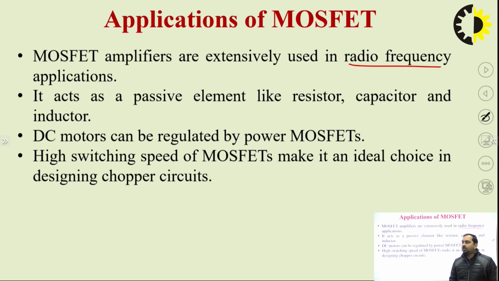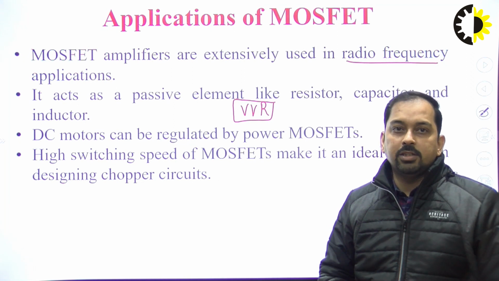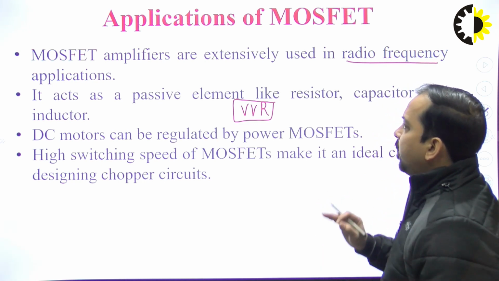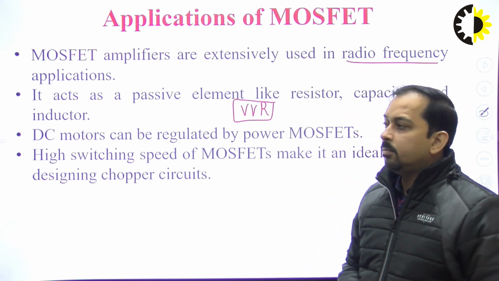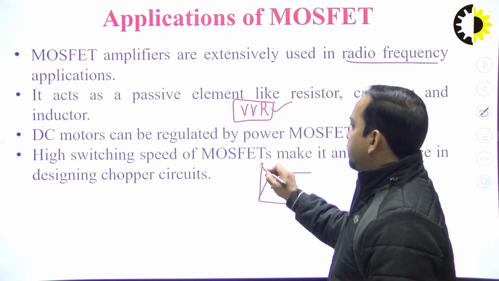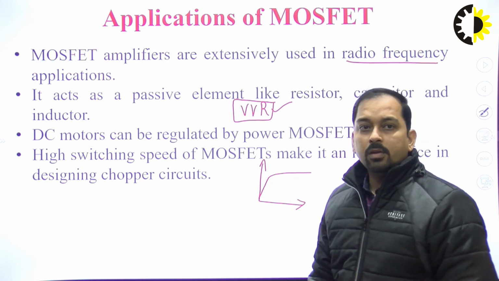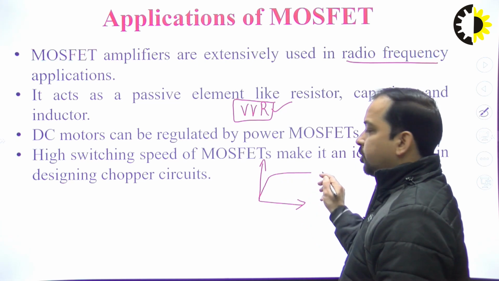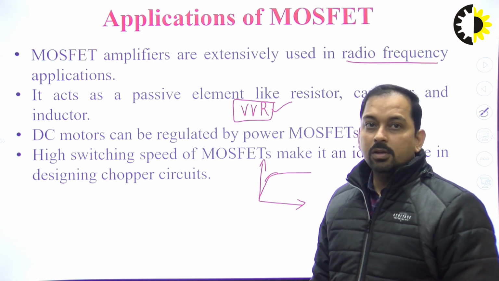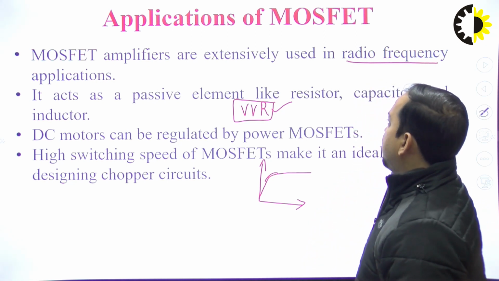It also acts as a resistor, called a voltage variable resistor, VVR, because in the starting slides we saw that FET works as a voltage controlled device, whereas BJT is a current controlled device. We have observed in the characteristics that initially the current increases linearly, afterwards we have the saturated current. That means in this region the resistance of the device varies. So the MOSFET is a voltage variable resistance.